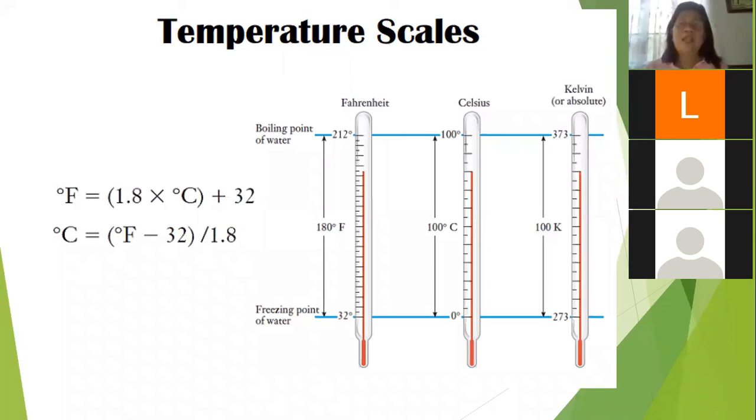The next, give me the value of 500 Kelvin into centigrade. 500 Kelvin into Celsius or centigrade.